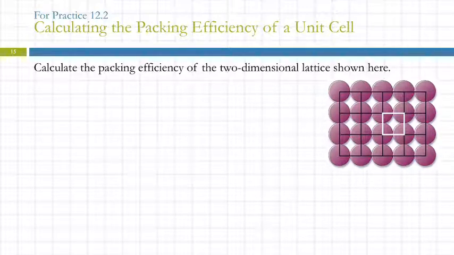In 2 dimensions, it's area instead of volume. So the unit cell here is from the center of 1 over here, like this, so this white square. If we take that pattern and repeat it over and over and over again, we get the entire pattern.